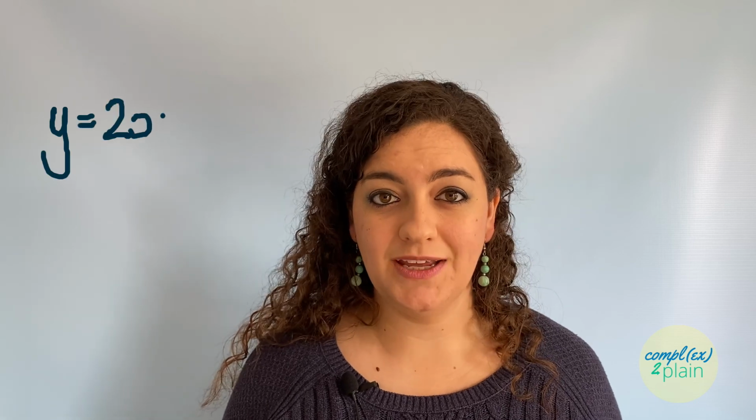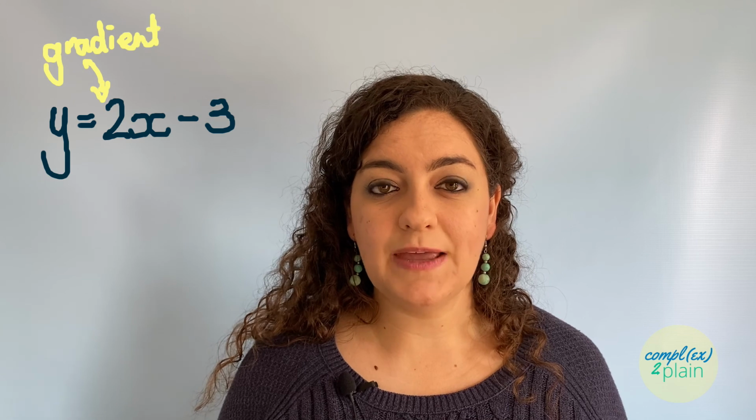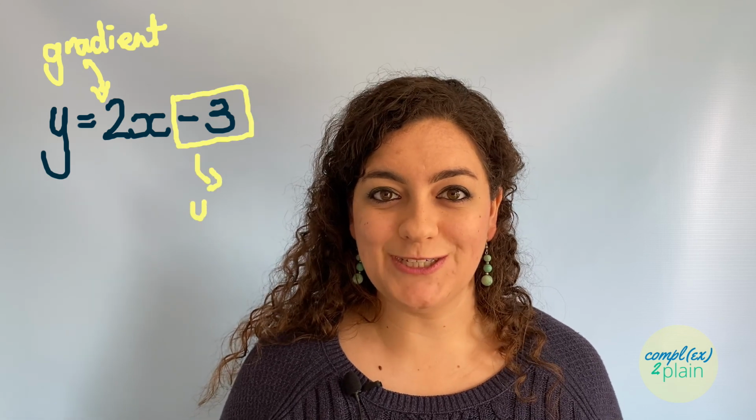Alright, I want to mention 2 last things about the formula of a straight line, and I want you to pay really close attention. Are you listening? Okay, firstly, you need to know what the different things in the formula stand for. So if I give you an equation and I ask you what's the gradient or what's the y-intercept, then you need to be able to read that straight off that equation.